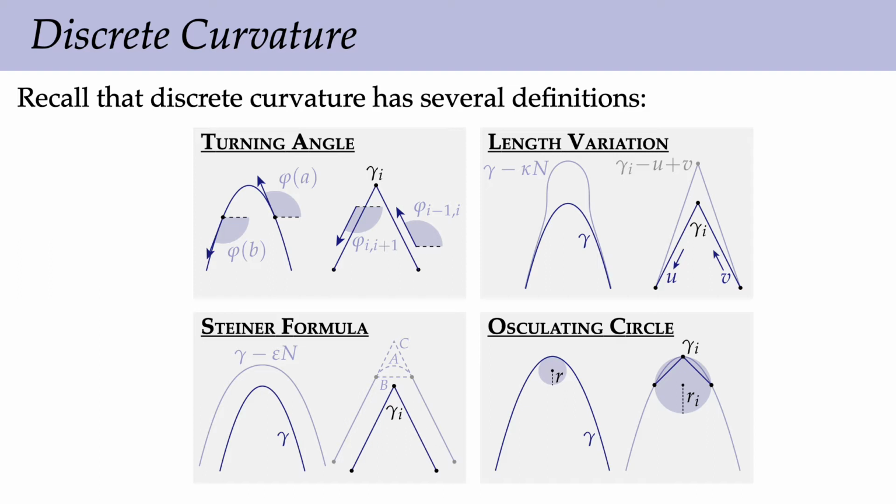That being said, it is also important that all of these notions converge to the same answer as we refine our curves. If we have some reasonable sequence of discrete curves that approaches a smooth one, we should eventually see the same values coming out of all of these. We didn't talk about that in detail, but that will happen for any reasonable definition of discrete curvature.